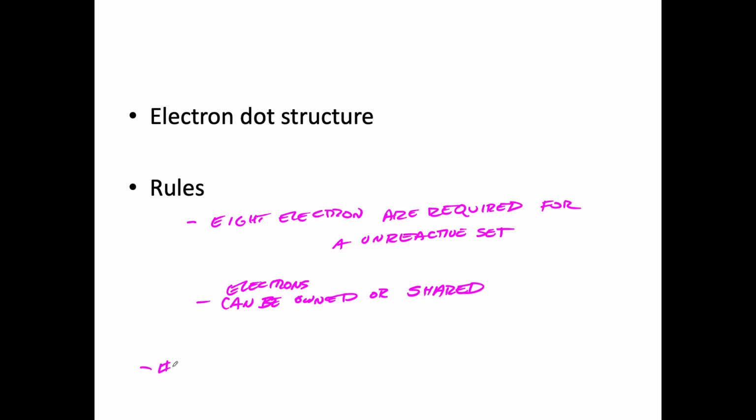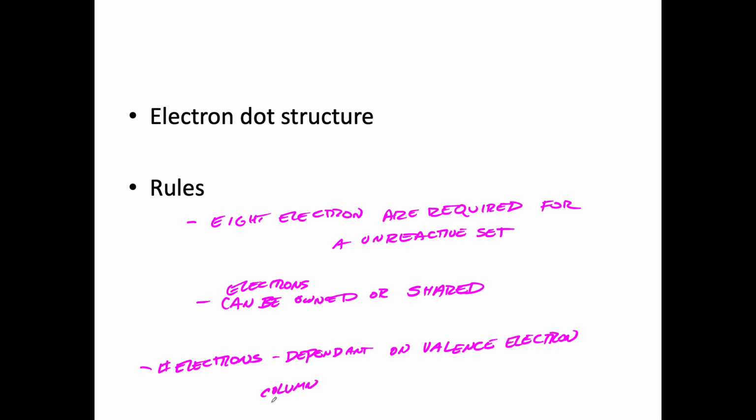The number of electrons is dependent on the number of valence electrons. We'll talk about which column they're in.